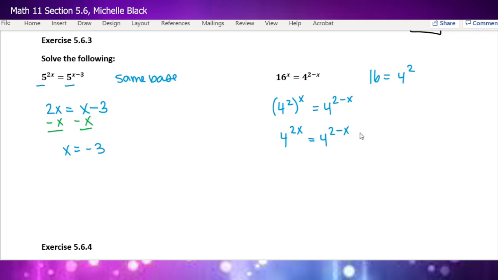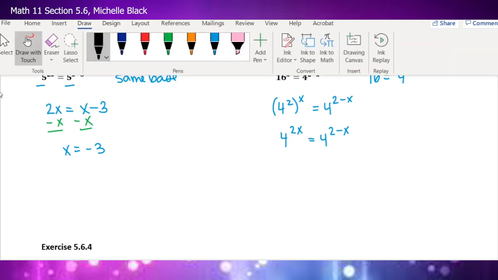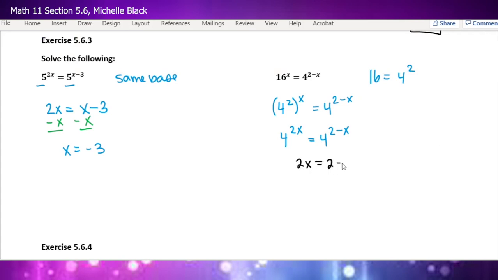So take a second and pause the video and solve the equation from here in the same way that we solved the first one. And you should get back x equals 2/3.